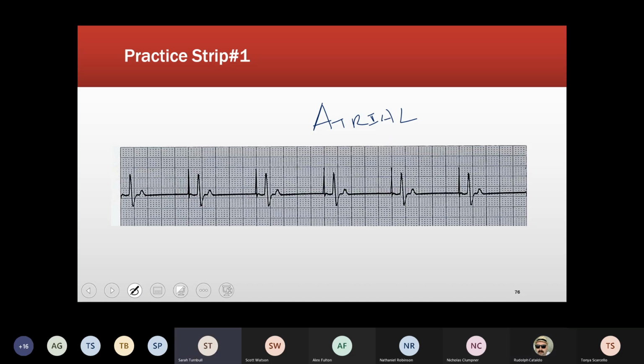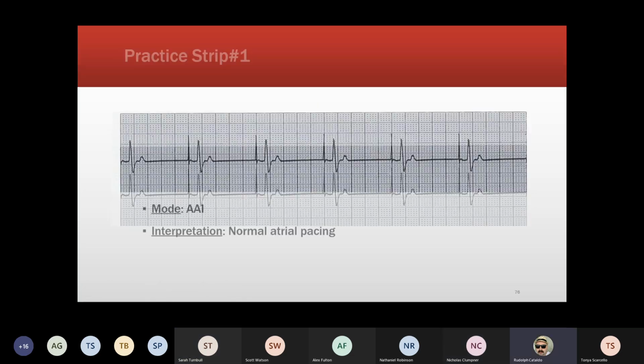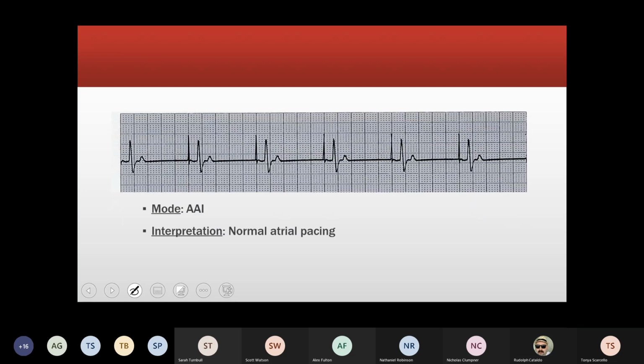Okay. The actual QRS. Okay. It's right in front of my P wave, right? Does it look like it's capturing on all my complexes? Yes. Okay. Normal atrial pacing. Good job.